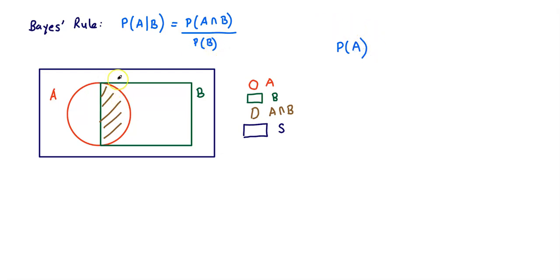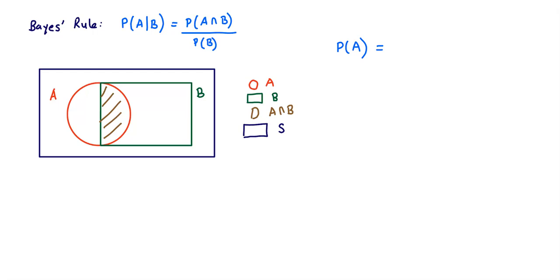So the probability of A, so let's say you're throwing darts and the darts are just uniformly going and hitting this dartboard. So what is the probability that a dart lands in area A? So well, if the dart has equal probability of landing everywhere, then the probability that it lands in area A is nothing but, okay, now I have to be careful here while keeping track of colors.